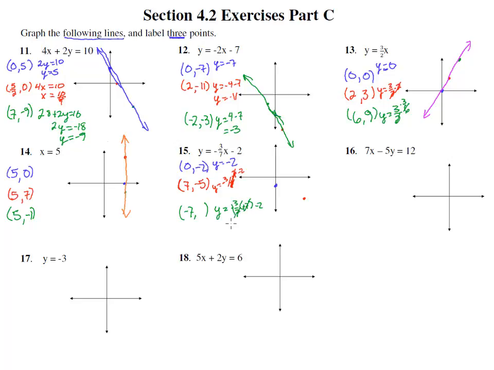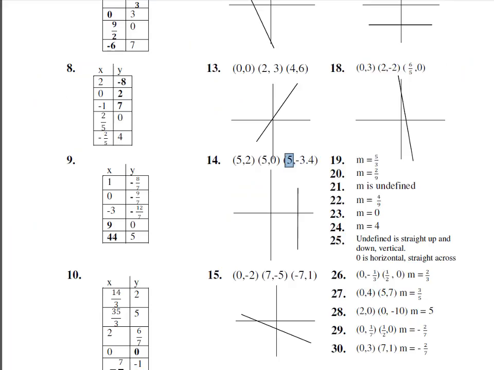And the 7s will cancel. And we'll get 3 minus 2 gets a 1. Y equals 1. So you go back -7 and up 1, and you'll see we're right along that line. Let's see if we can draw it. And it comes in like this. There we go.